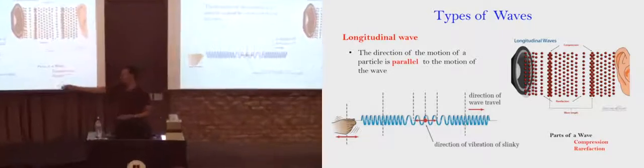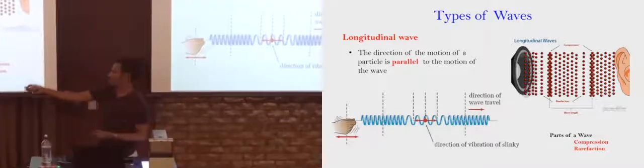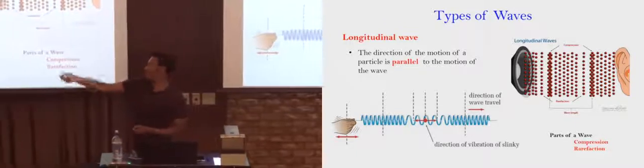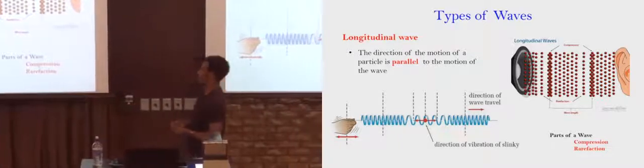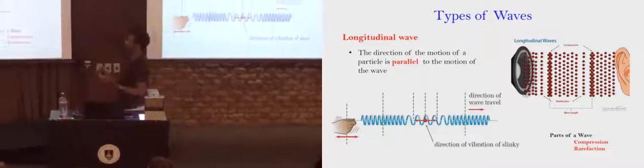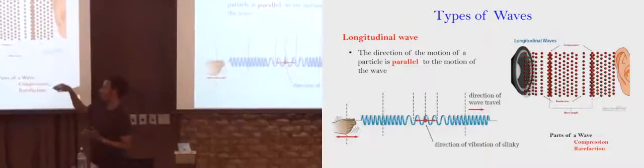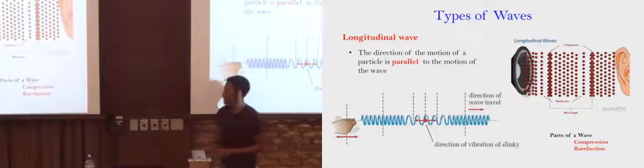You can see also a spring as an example. The compressed part is called the compression. You can find high energy at that point, and the relaxed point is the refraction. So by compressing and relaxing, you can transfer energy from one place to other place, and the direction of the medium is the same as the direction of the wave.